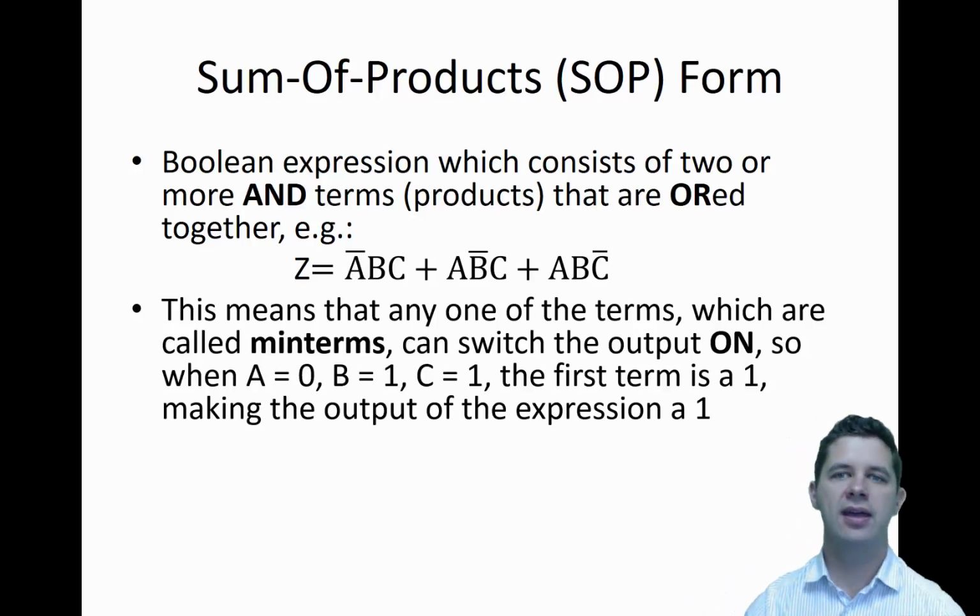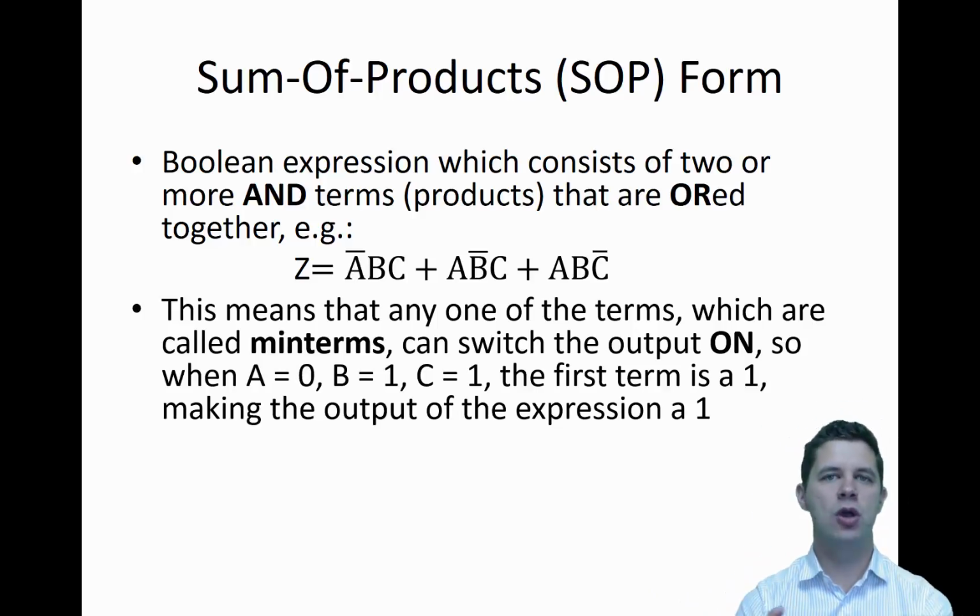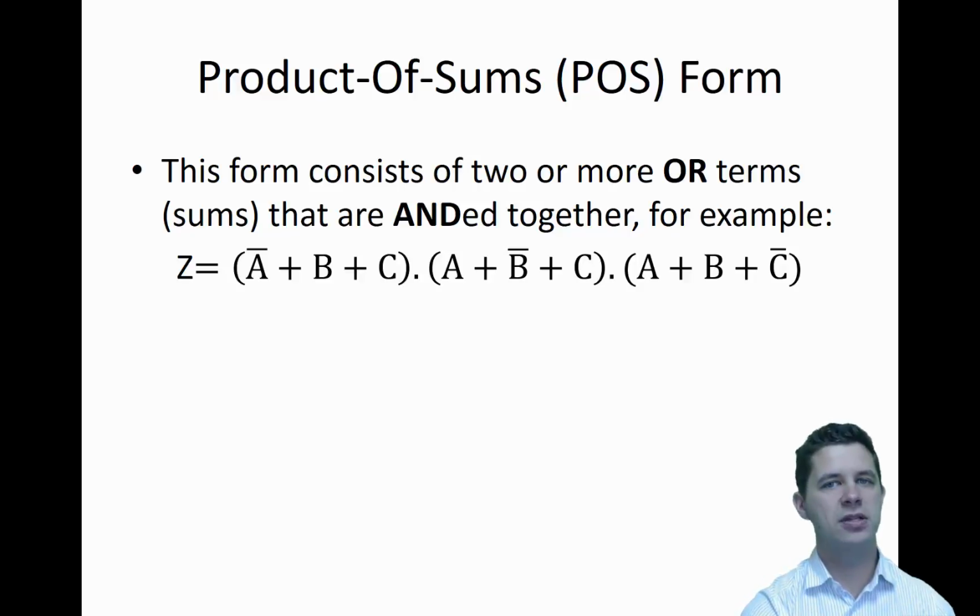And essentially, this means that any one of these terms, which we call min terms, if any one of those terms is a high, that will switch the output, or the Z value, to a high, because this feeds into an OR. So any one of these needs to be a high, and that makes the output a high.